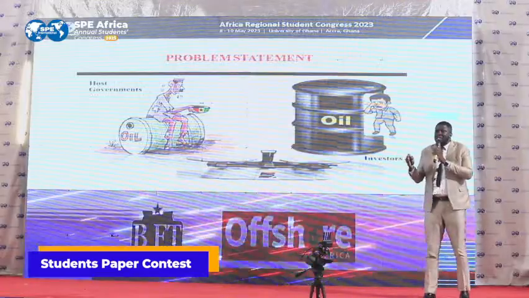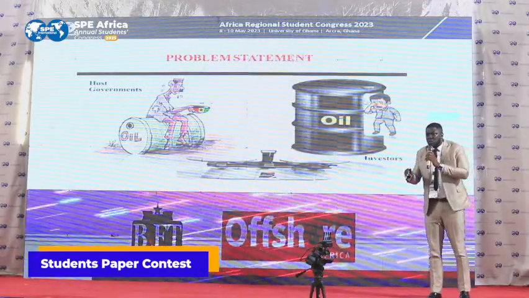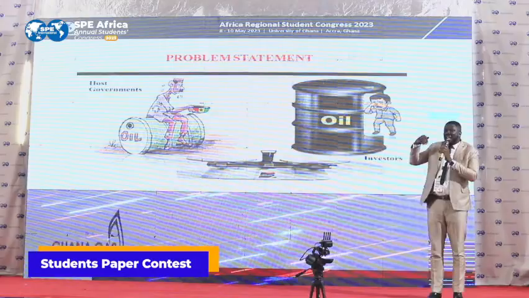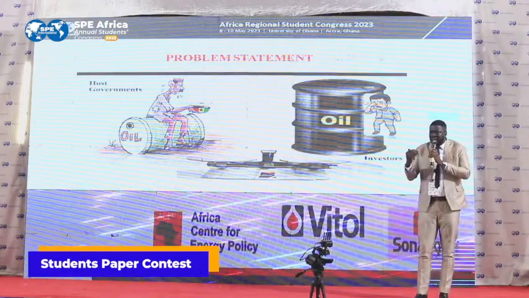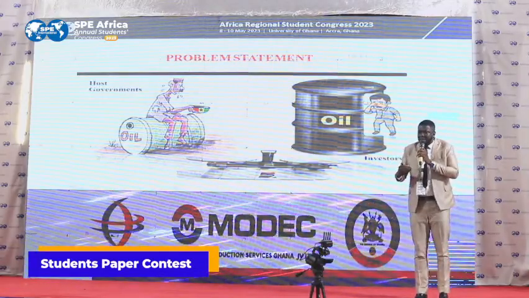Then in 2014, Jebrewuzi also did research on the current fiscal regime of Ghana, and he says our fiscal regime is so generous to the investor and does not even capture a windfall profit. So with this, we can say that, yes, Ghana is not receiving the maximum benefit that it's supposed to get.